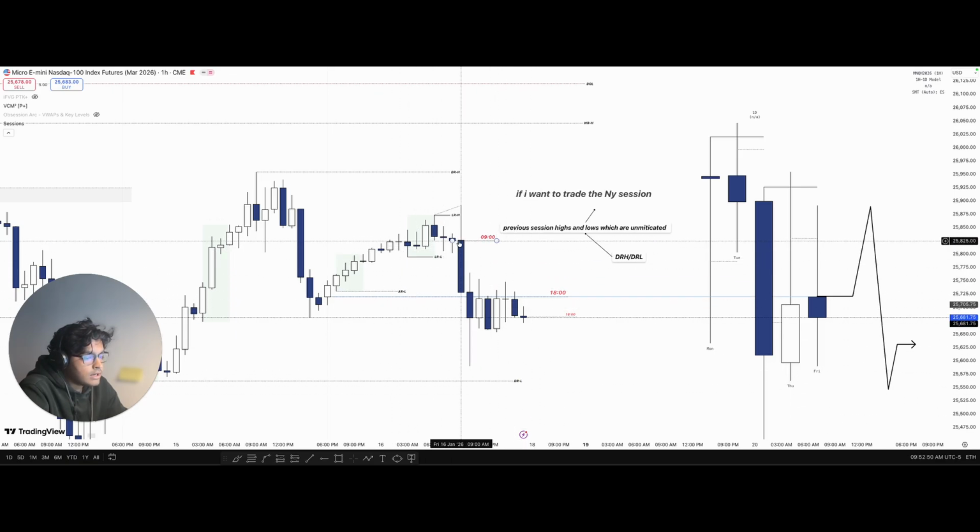Suppose the 9 a.m. candle opened up higher and had a breakout up top, creating an order block or a fair value gap or any sort of narrative to build. If it had done that, we would expect the daily highs to be taken out. But in this case, nothing like that happened, because the price went up higher and closed back below somewhere here.